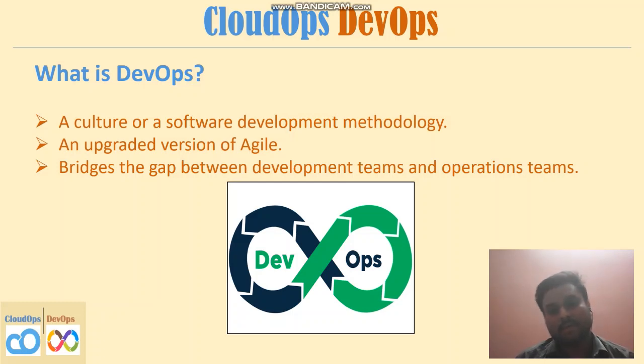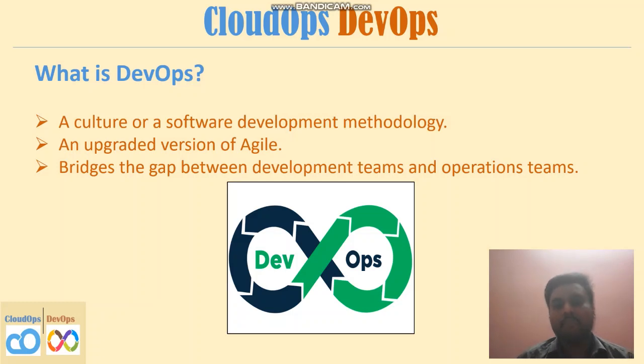Also, the customer used to get chances to test the code from the QA environment, and they used to provide feedback to the development team, and the changes were included. So this bridged the gap between the development team and testing team, which ensured error-free delivery to a large scale.